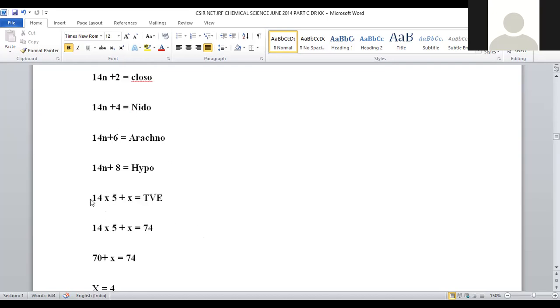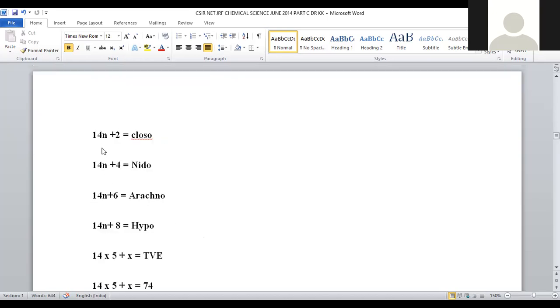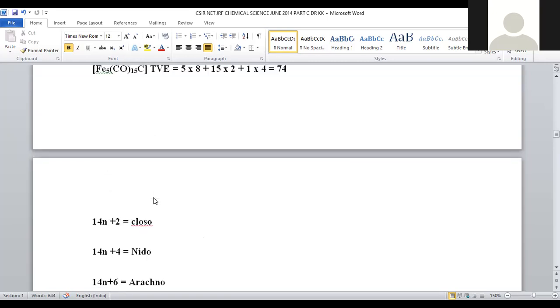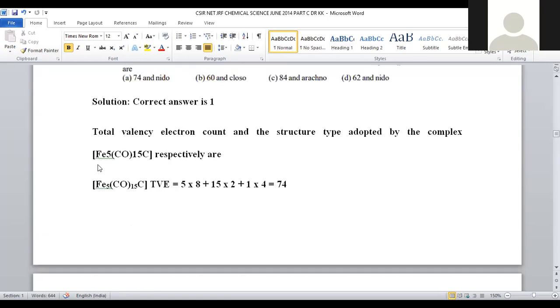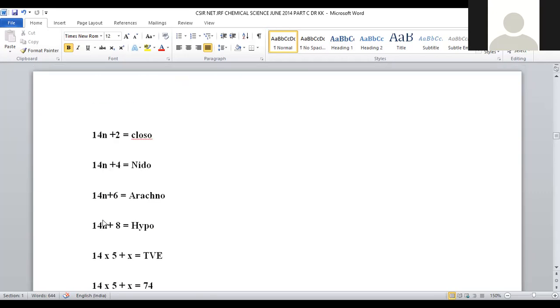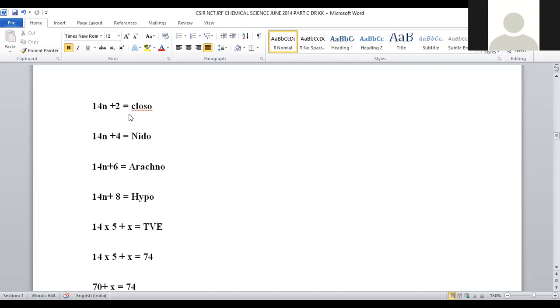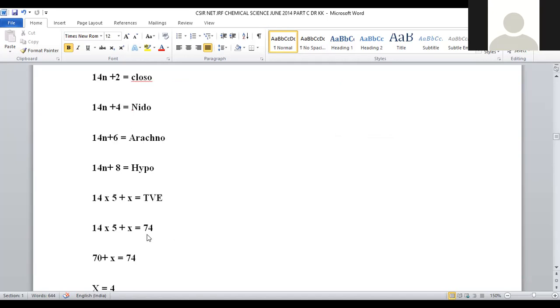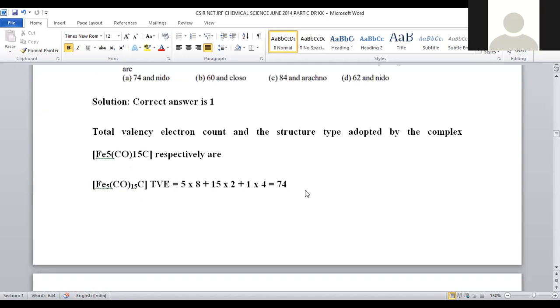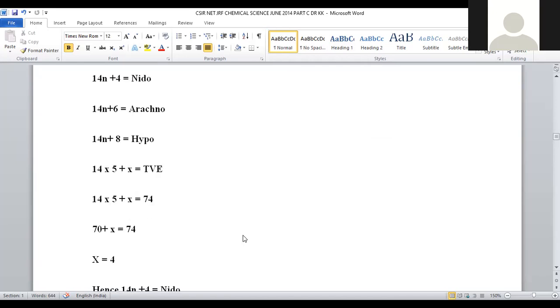So let us apply the formula. 14n, where n denotes how many metal atoms are there in the given complex. Here, being a penta iron complex, the n value becomes 5. 14 into 5 plus x, where x is equal to the total valency electrons. How many total valency electrons did we get? 74.